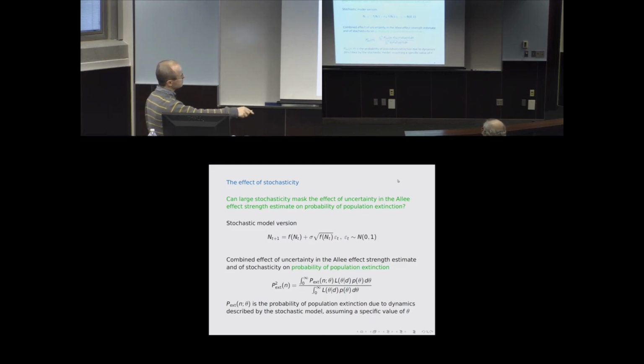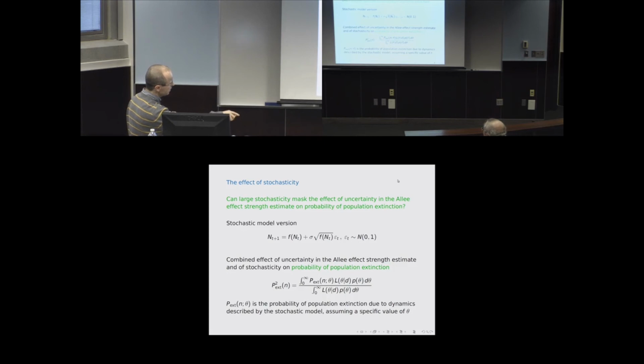So we consider the stochastic model here, where Fn is the same as before, the deterministic part of the model, and we have a noise term here. So we model demographic stochasticity by this noise. If we assume that this value, p(n, theta), is the probability of population extinction given population size n and the true value of theta, we can estimate the probability of extinction given population size n when theta is not known exactly.